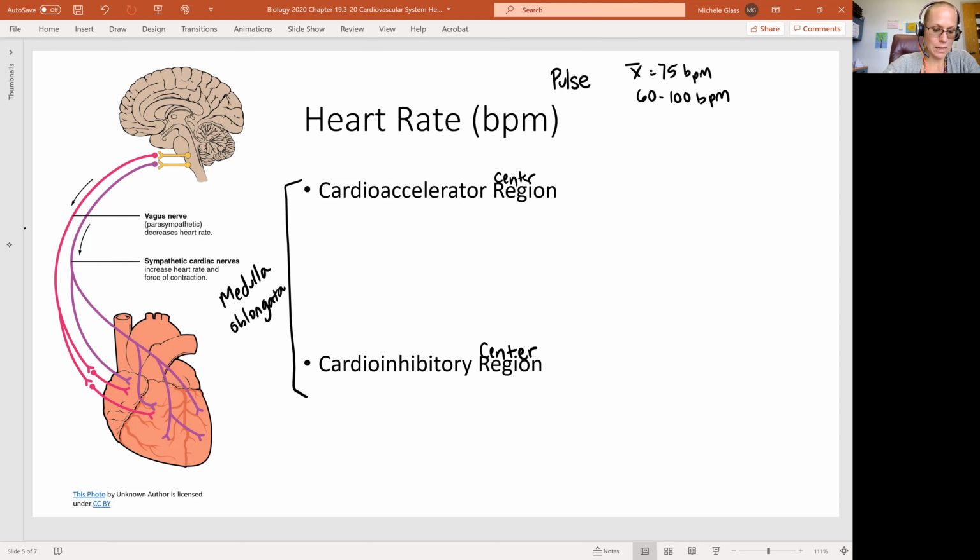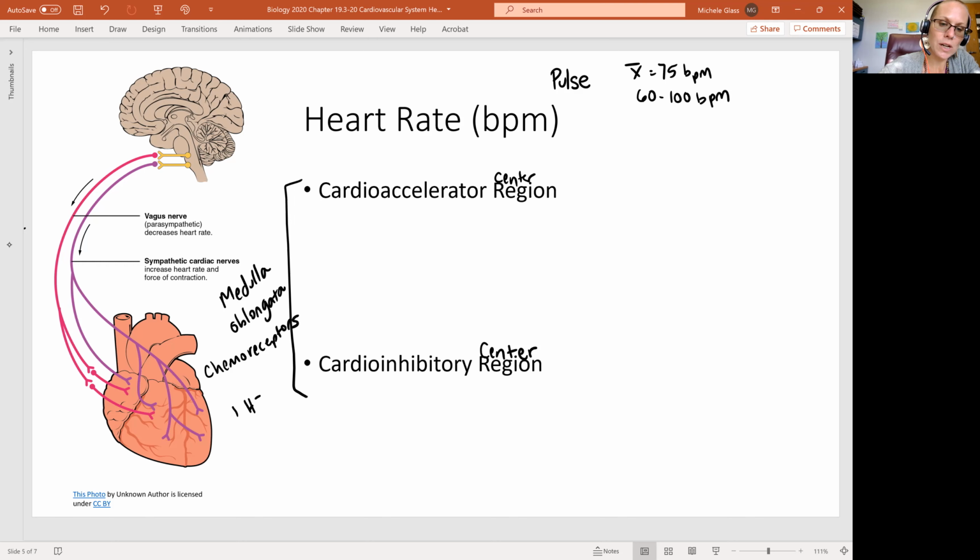to that spontaneous depolarization. And what we'll see is that the medulla oblongata has what are called chemoreceptors that are going to be responding to high carbon dioxide gas levels, high hydrogen ion levels.